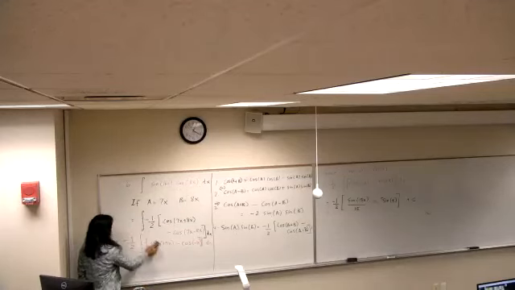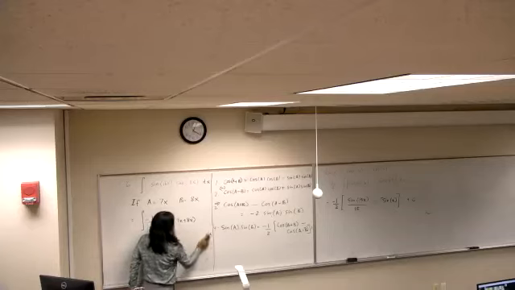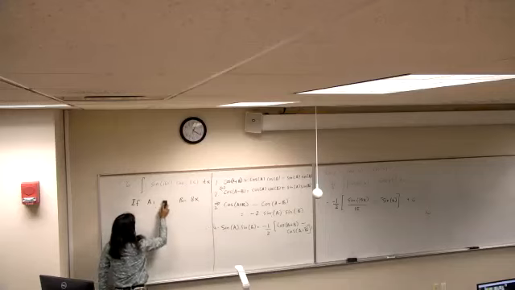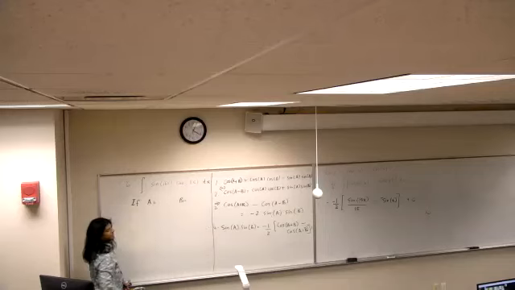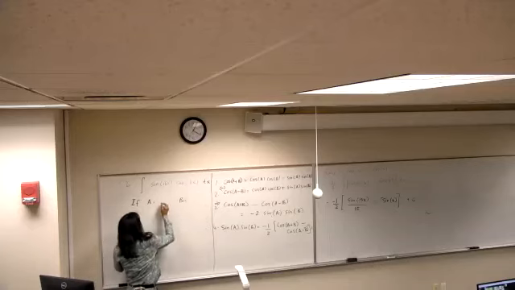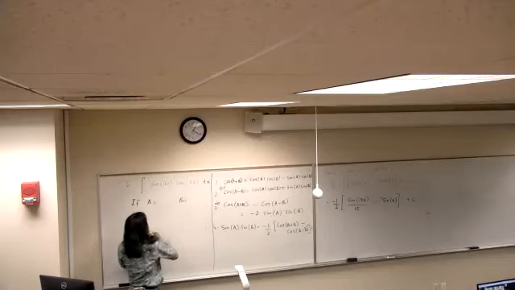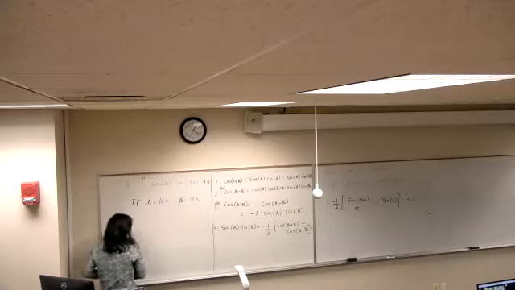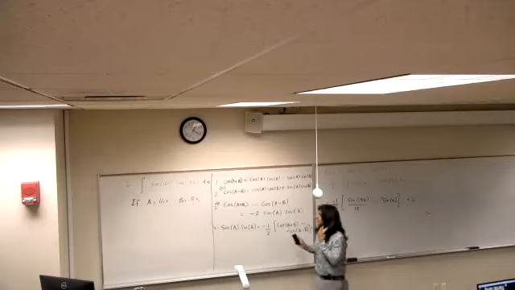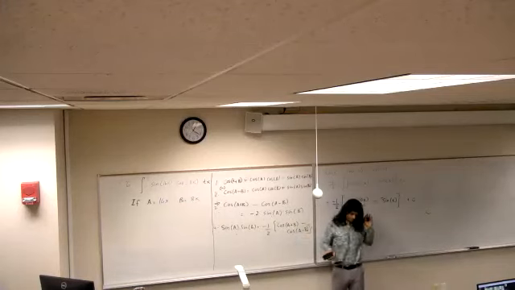Again, this problem is type 5. Depending on which you pick as A and B, the answer will differ slightly. I'm going to pick A to be 16x and B to be 8x. So, type 5, the types that I wrote.